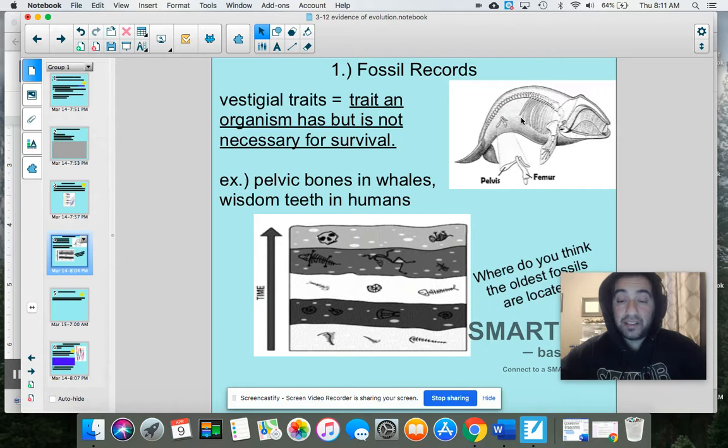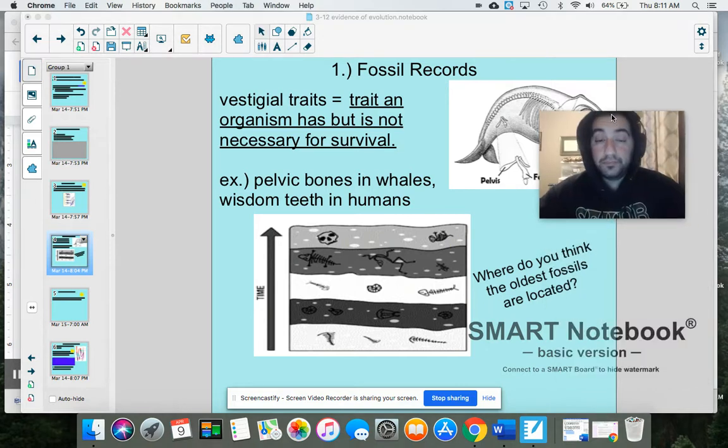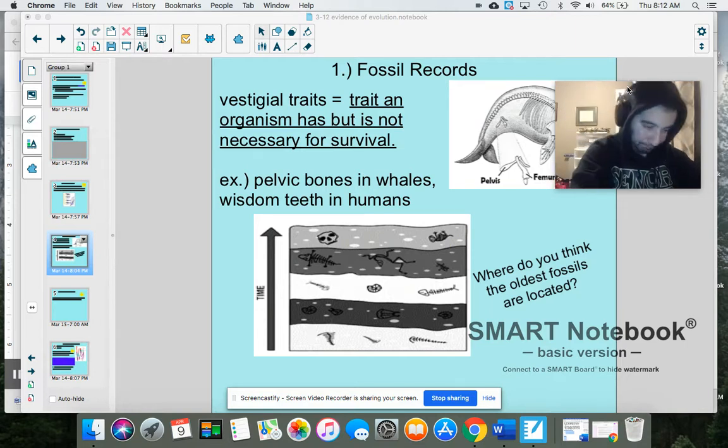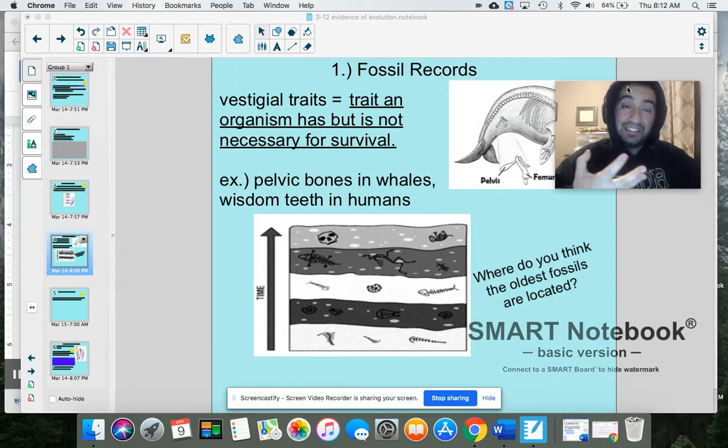Another example is wisdom teeth in humans. It is no longer necessary or required for humans to have wisdom teeth. So why do they exist? The reasoning is that wisdom teeth were present thousands of years ago for humans to help them break down or chew certain hard or difficult food.